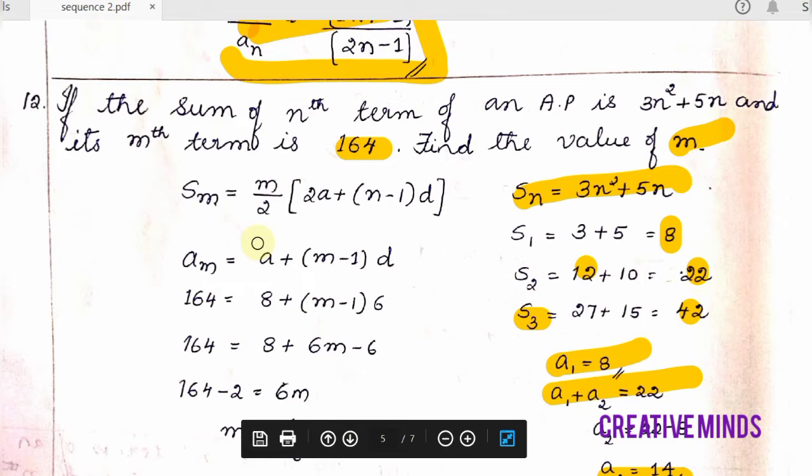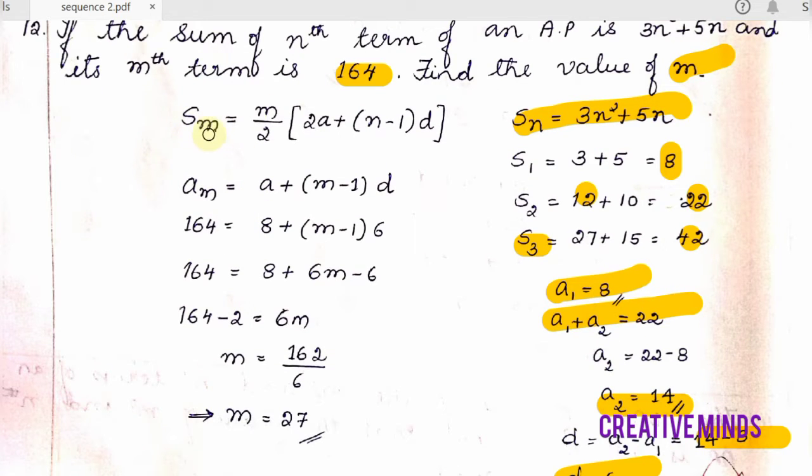Now we know the formula Sn is equal to n by 2 into 2a plus n minus 1 into d. First we have to find the mth term, right? So no need to write this formula. a_m is equal to a plus m minus 1 into d. a means first term, m means number of terms, and d is the common difference.